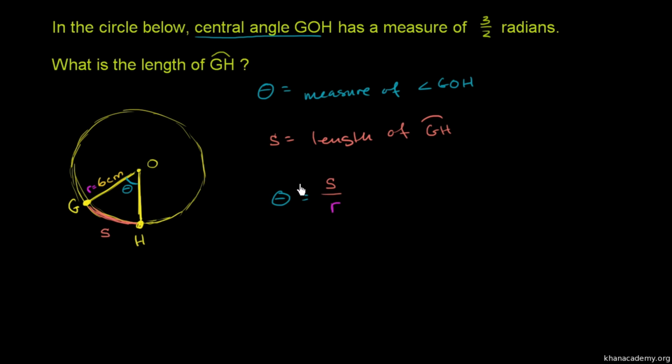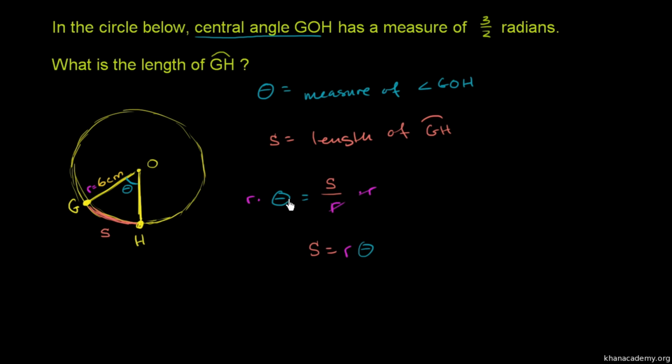We can manipulate this however we see fit. If you multiply both sides by r, you get r theta is equal to S, or another way of writing it is S is equal to R theta.